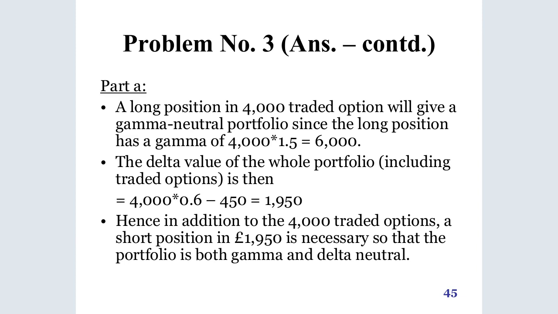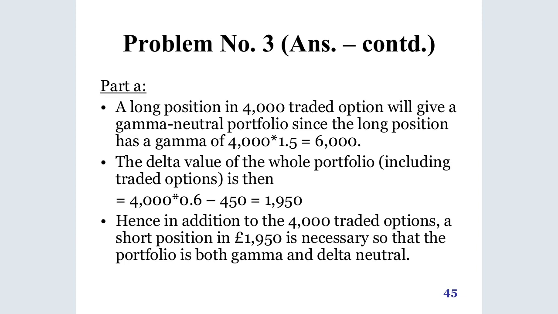But having bought 4000 options, what will happen to the delta of the portfolio? I have 4000 options and delta is 0.6. So 4000 into 0.6 is 2400, minus my original delta of 450. So it has now gone to 1950.